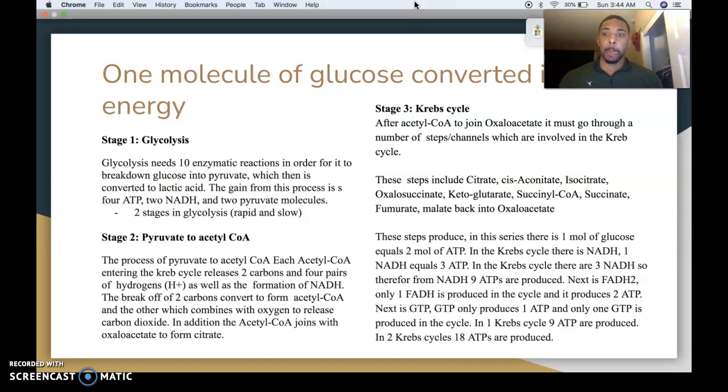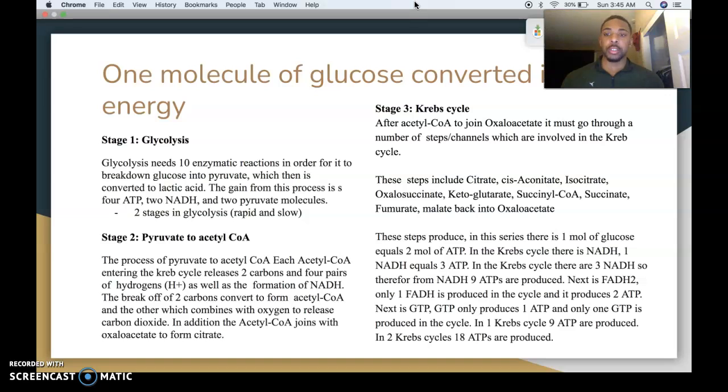Phase 2 is considered aerobic, and that is when it uses oxygen to properly pass from pyruvate to acetyl-CoA, which I will get into further, and then into the Krebs cycle to produce ATP. So the rapid glycolysis is considered anaerobic, and the slow glycolysis, or aerobic glycolysis, is aerobic.